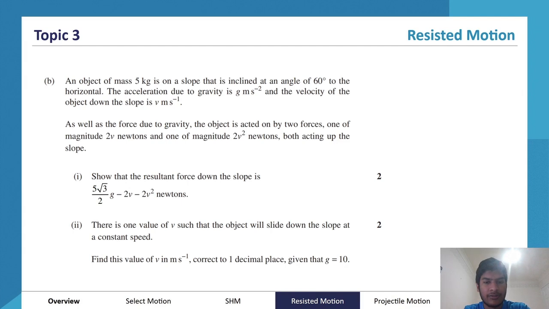And part 2 is the slide down at constant speed. Okay, that's just solving for it. So we've got the resultant force. We can look for the acceleration and look for the specific value of v in which the constant speed, which is acceleration, is 0.